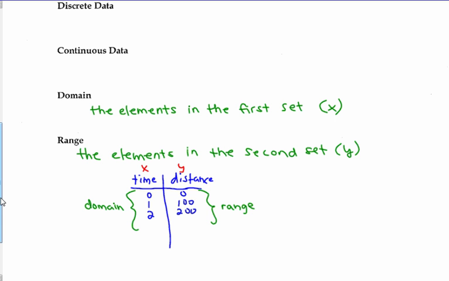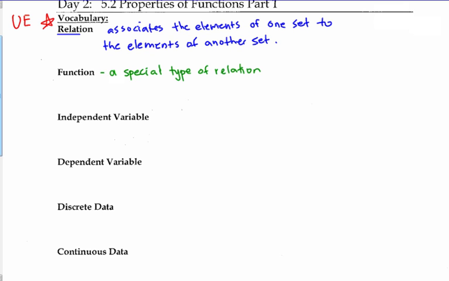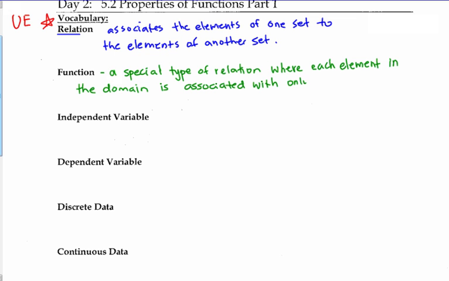So let's go back to what a function is. Now that we know the domain is the elements in the first set and range is the elements in the second set, a function is a special type of relation where each element in the domain, so that's the first set, is associated with only one element in the range.